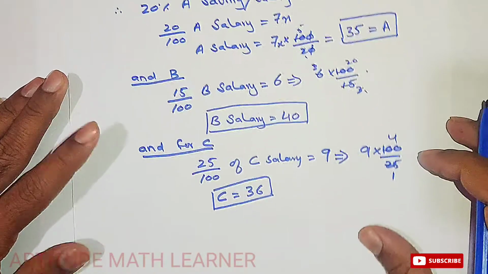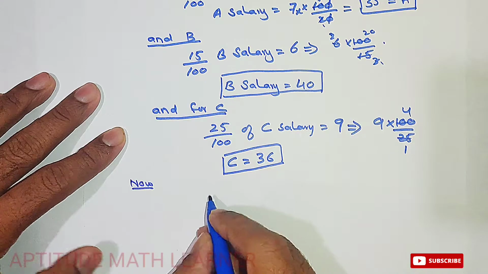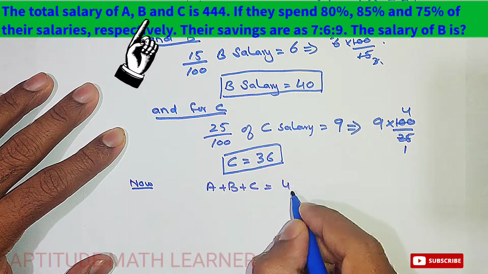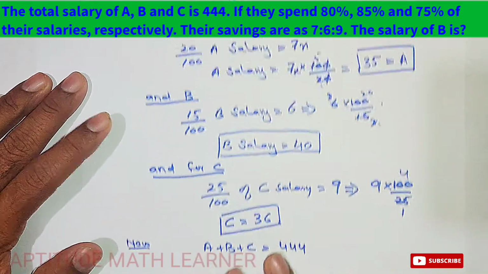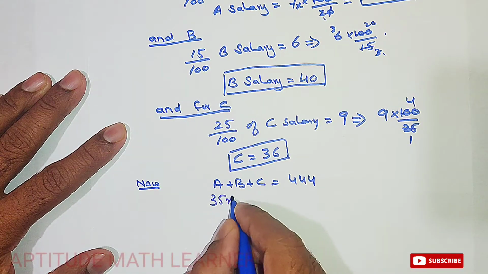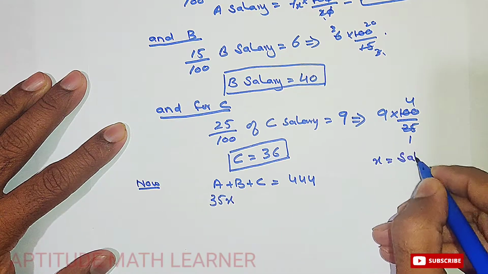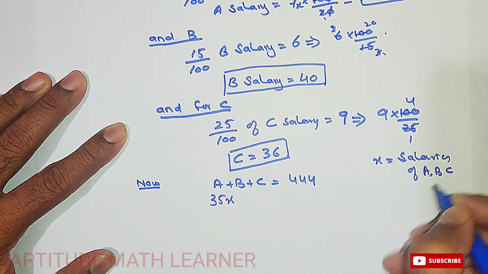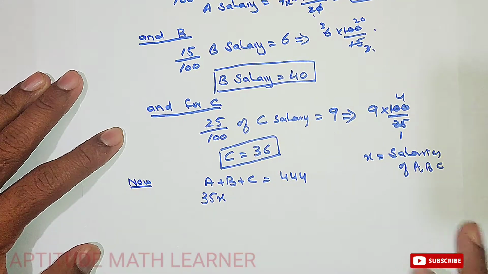Now, what is the salary of A plus B plus C? That was 444. A's ratio we found is 35x, where x is the salary unit.